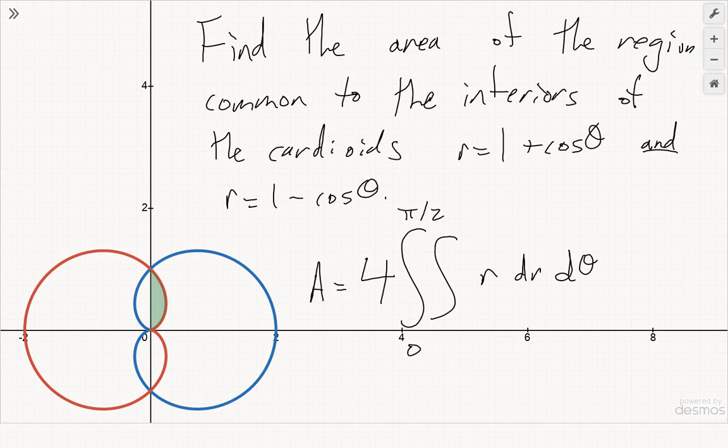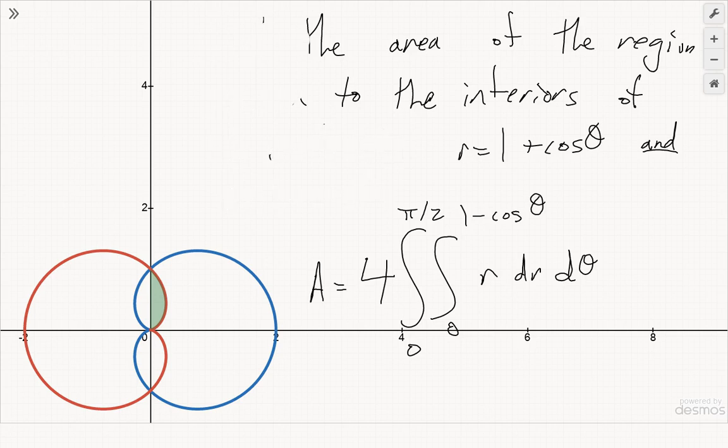And then in this sector, we're using r equals 1 minus cos theta. So r will go from 0 to 1 minus cos theta. Okay, so let's evaluate this integral.